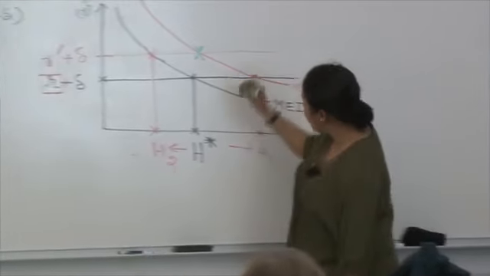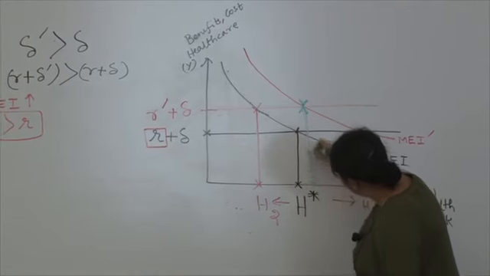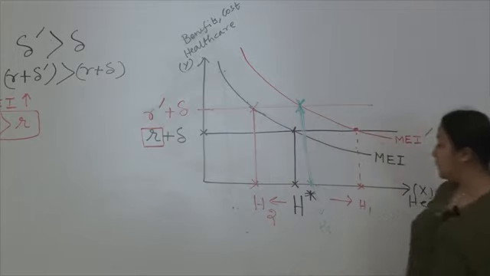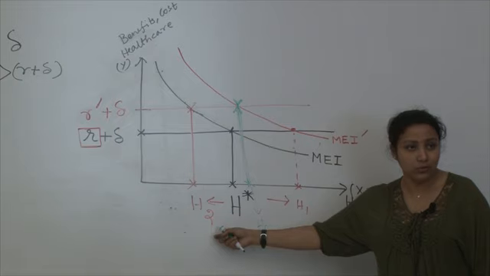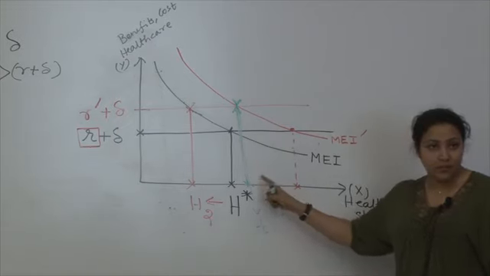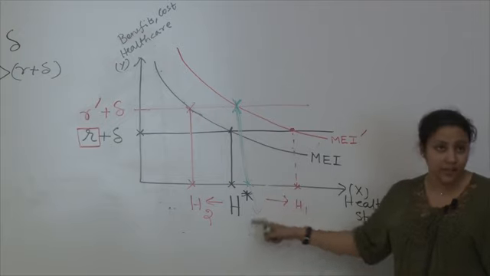Even then, what is your health stock? That is your health stock. Let's call that H3. Please note that H3 is higher than H2, but it is lower than H1, so it's somewhere midway. So that means you really cannot say for certain.